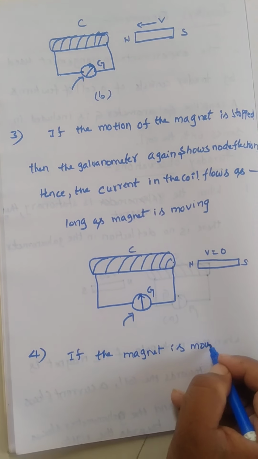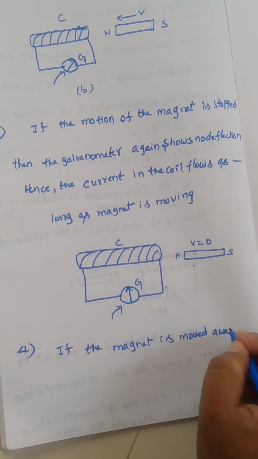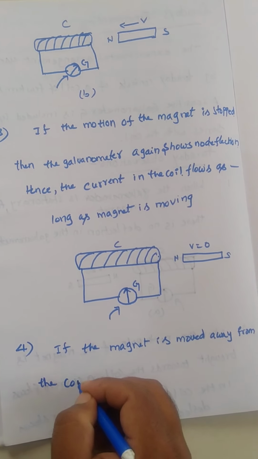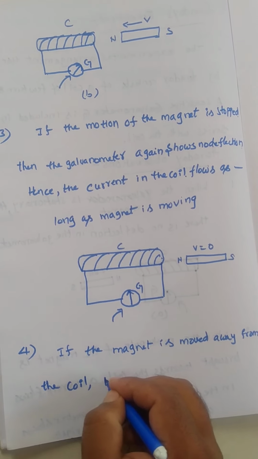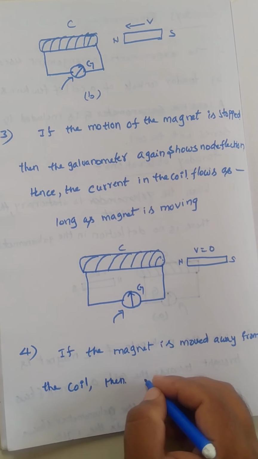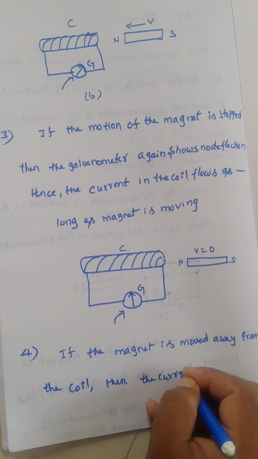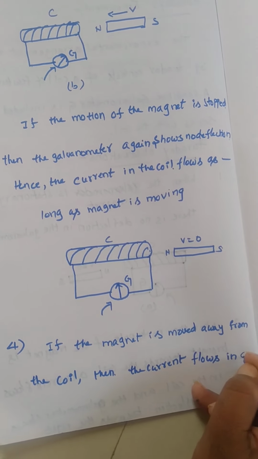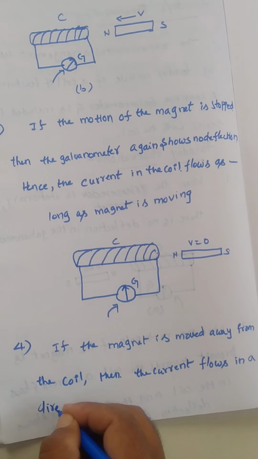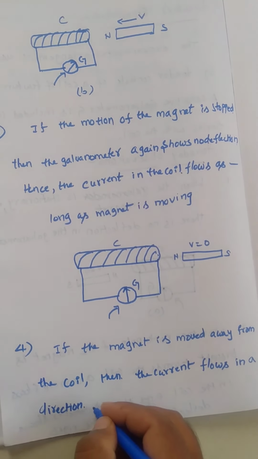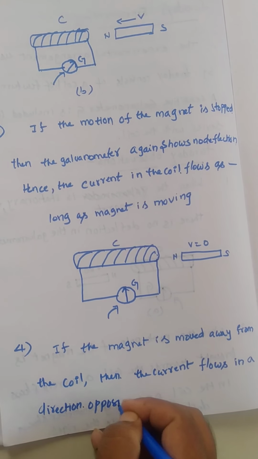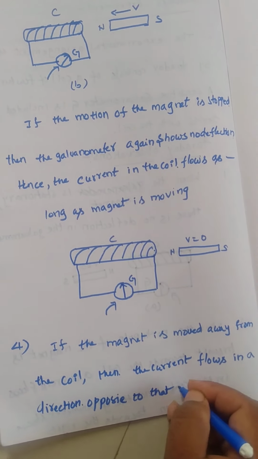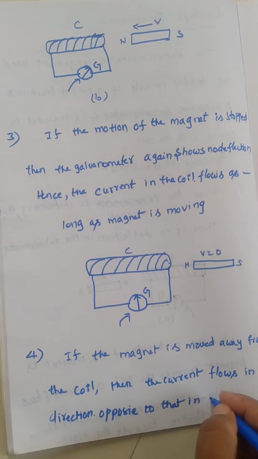Now the fourth point. If the magnet is moved away from the coil, before that we discussed towards the coil, now away from the coil, then the current flows in a direction opposite to that in case 2.